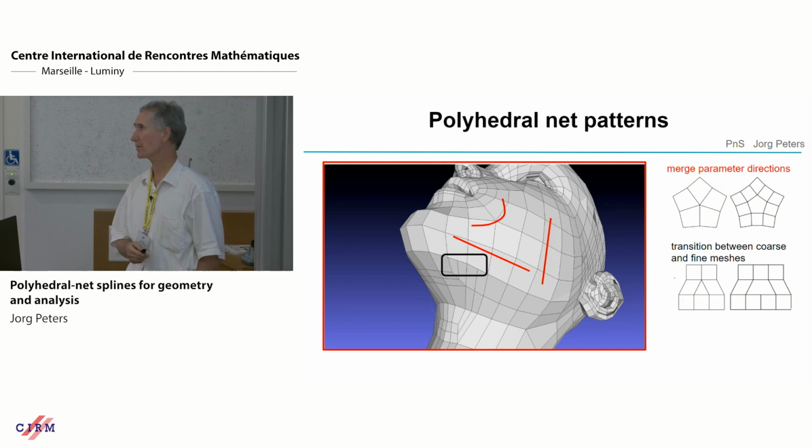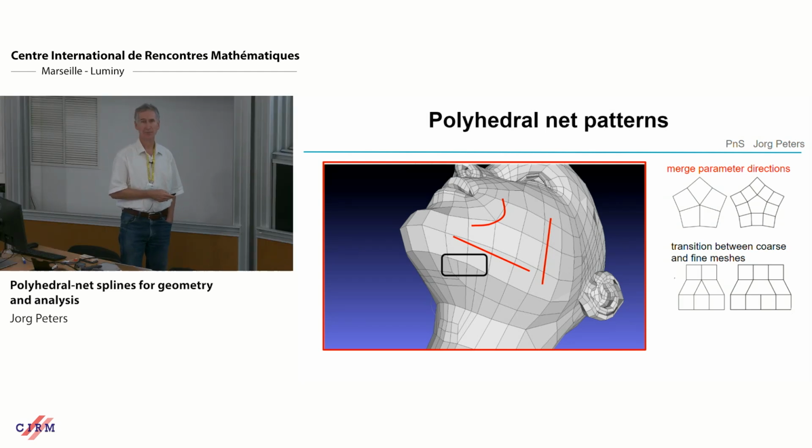And sometimes people call them star points or irregular points. And you can also do the same thing in dual. You have a pentagon, in this case, surrounded by quadrilaterals. This is all to merge patterns. There are different patterns coming from different directions, and you sort of isotropically merge them. You don't give preference to one over the others. They're all features that you want, but you just want to blend between them.